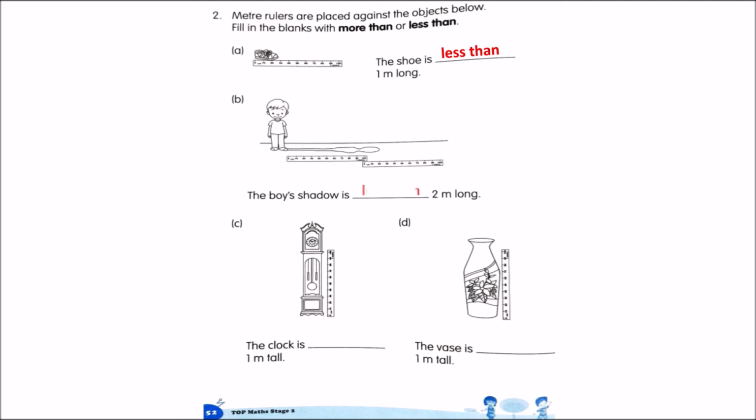That's right. It is less than 2 meters. His shadow is 1 meter and a little bit more, but it is not more than 2 meters. And you can do these 2 questions on your own.